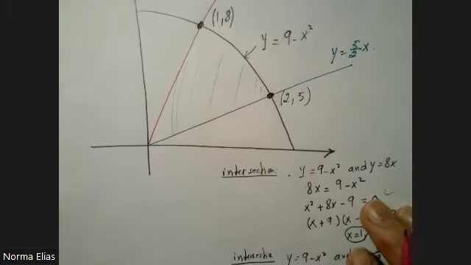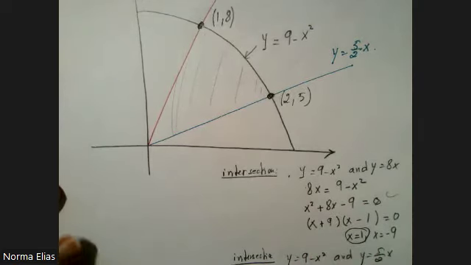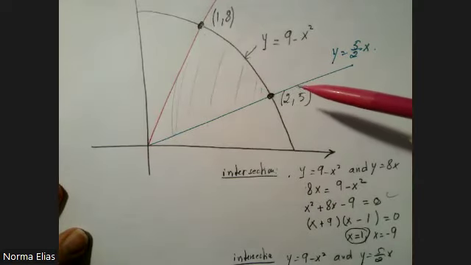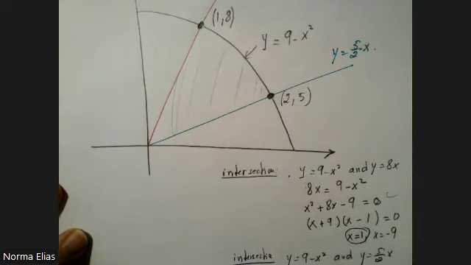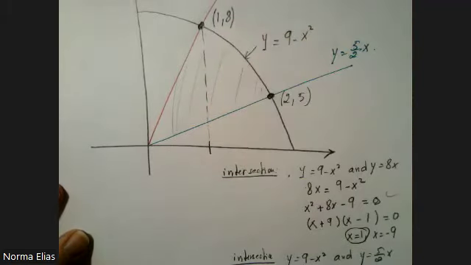And now I go back and analyze. So how would you guys analyze this area? Tell me what you'd do. What is the upper curve in this region? What is the lower curve? And do I need to split? Yes or no? Yes, absolutely. This is where things start to change.